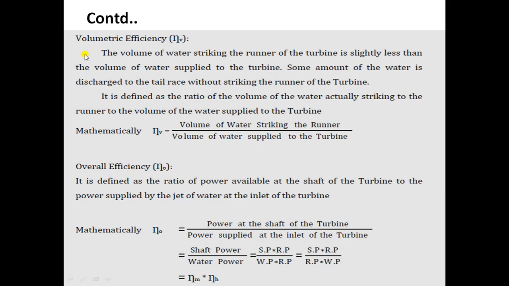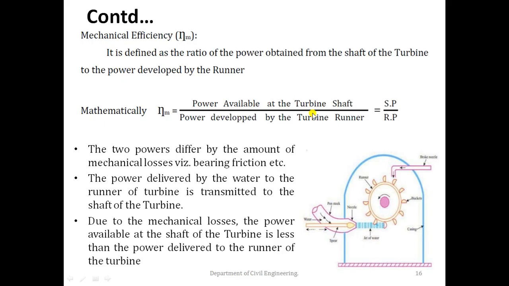Coming to volumetric efficiency. Now, volumetric efficiency is defined as the ratio of volume of water actually striking the runner to the volume of water supplied to the runner. Now, here, just at the inlet of the turbine, not all the water from the jet will be hitting the runner.